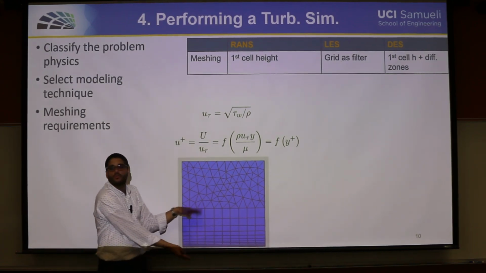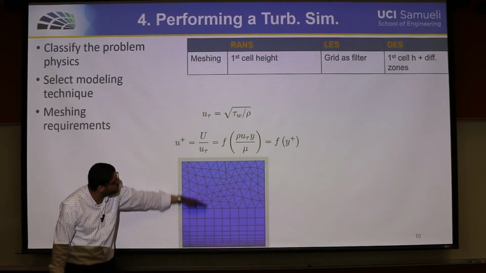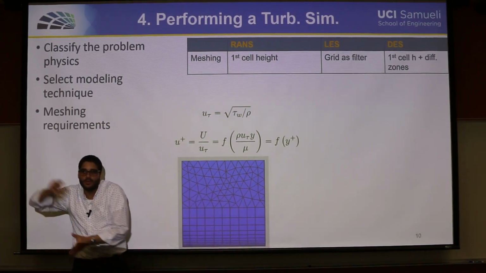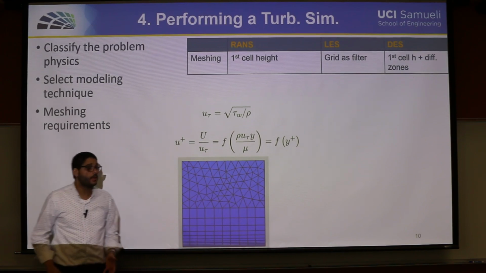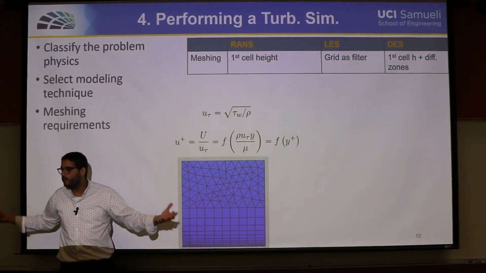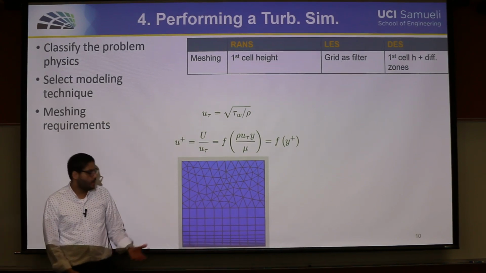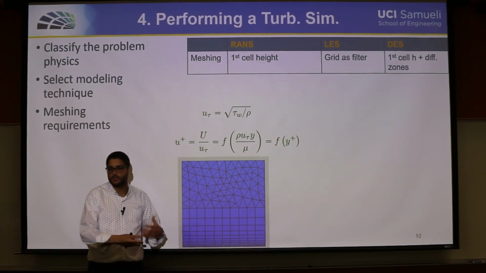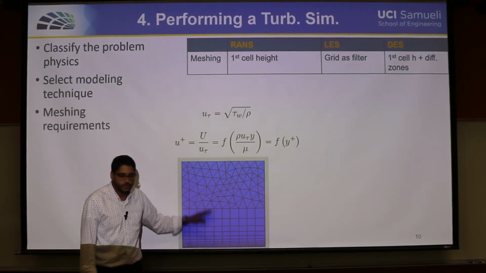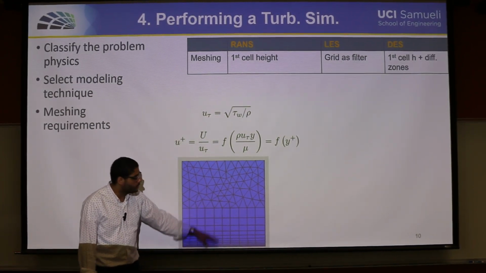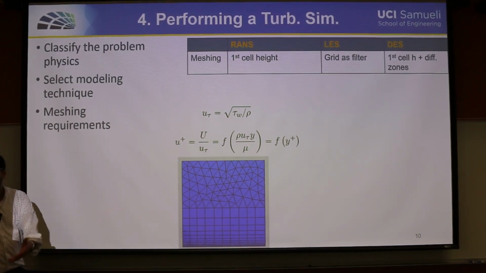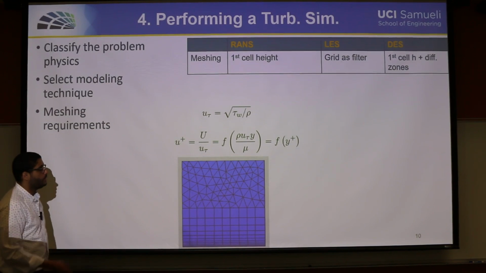You don't even need to do that. You just have this mesh, and we are taking care of everything in the code inherently without knowing. But nowadays, with very powerful computational power, it's becoming the norm in the industry. You can resolve your boundary layer on your personal computer in a 2D simulation.